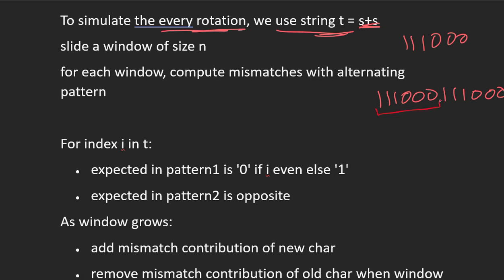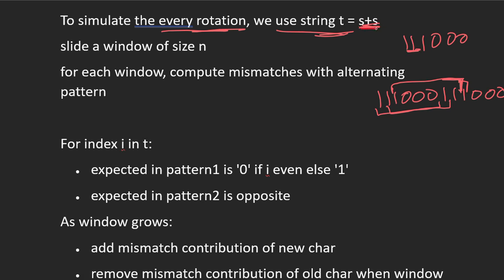So if you see, this is our original string, this is our string after one rotation, this one and this one. Then this is our string after two rotations, 1 0 0 and double one. Sorry, up to here only. So after two rotations this will be our string.